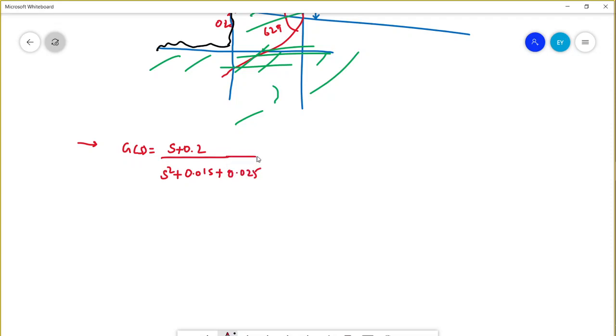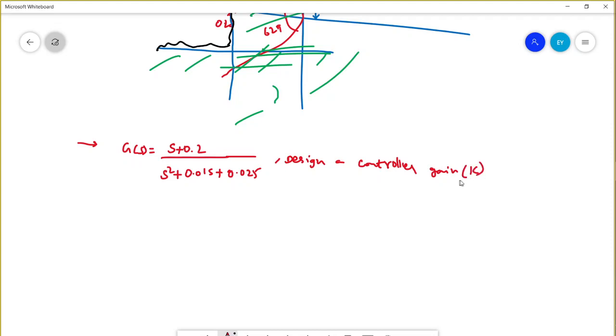So this is the given open loop transfer function. For this open loop transfer function, design a controller. The controller can be anything, but here we design a controller gain, so we are bothered only about k.